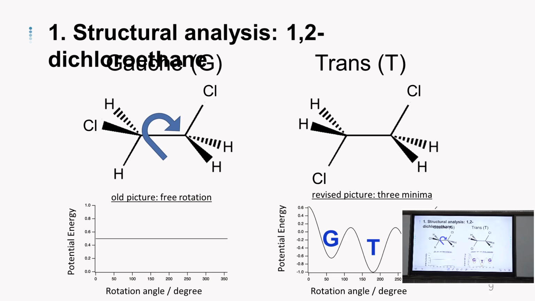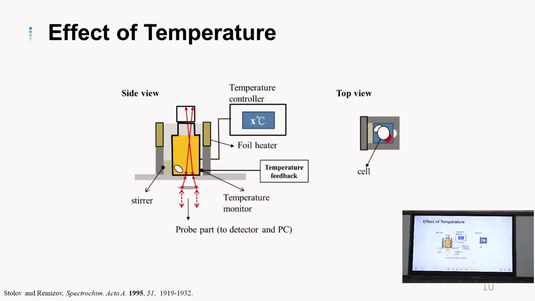This is the finding of the trans and gauche forms. Okay? So the detailed analysis of the vibration mode, peak assignment, and classification into the symmetry group helps you to discuss the meaning of the observed result.